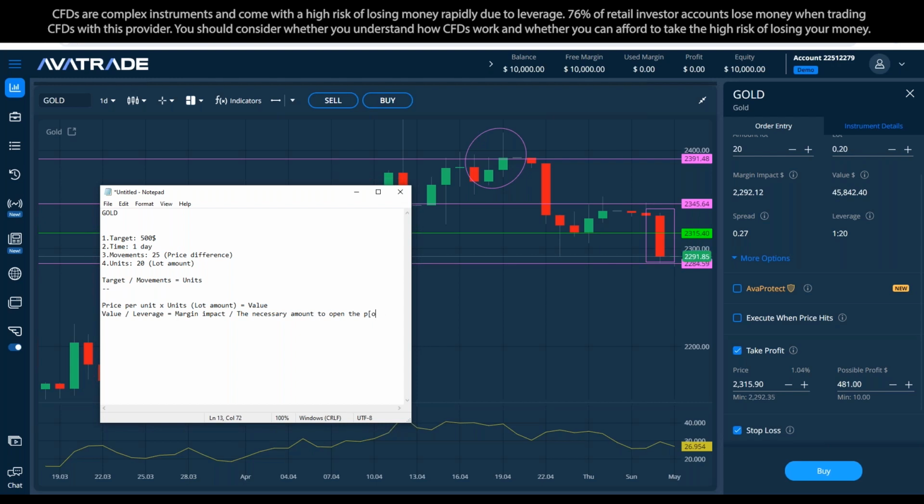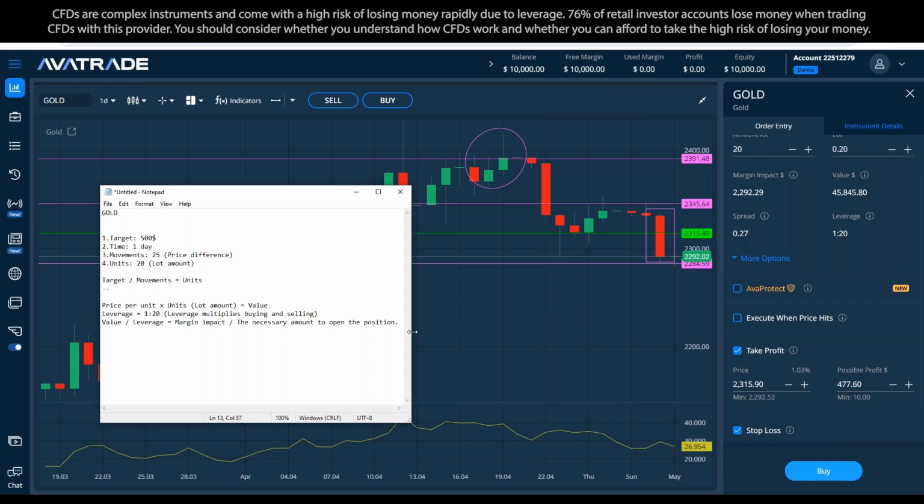And let me write down here, leverage is a multiplying, let's see, 1 to 20, and in brackets, leverage multiplies buying and selling ability.